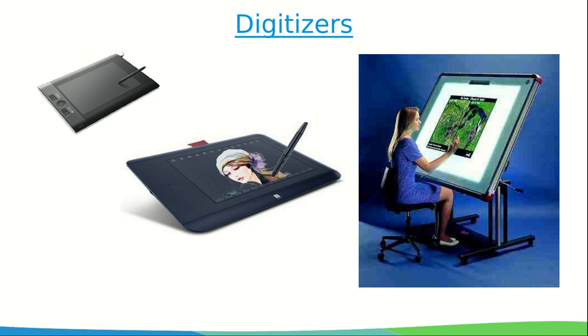Stylus is spelled S-T-Y-L-U-S. Like you can see here on the screen, there's another one here. You use the stylus to draw onto this graphic tablet, and then this information is directed to the computer.